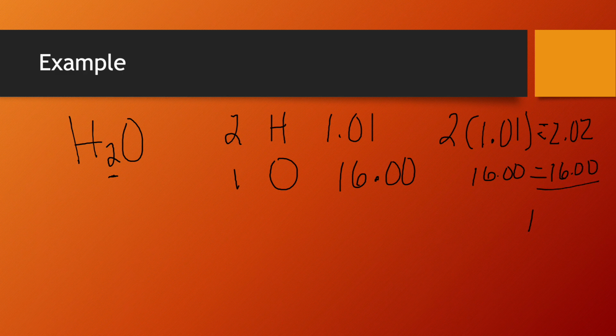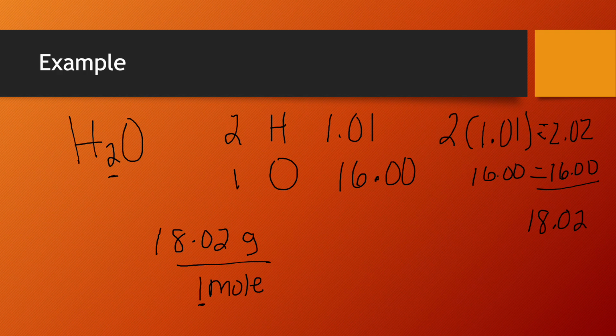If I add those together, I get 18.02, and that is known as the molar mass of water. So 18.02 grams over 1 mole. And you don't need to put that 1 there, it's understood.